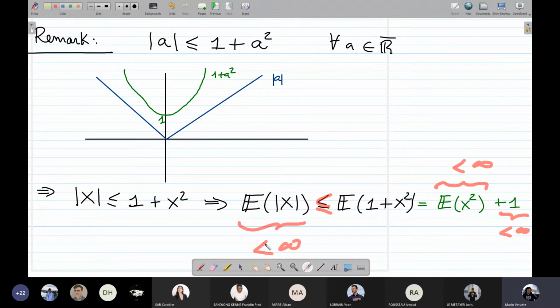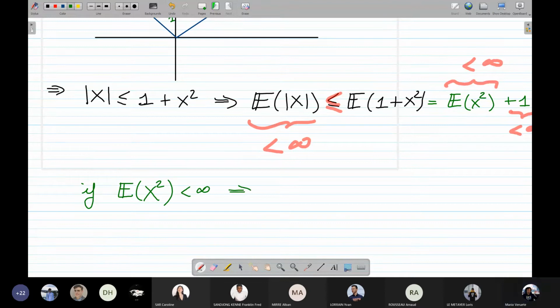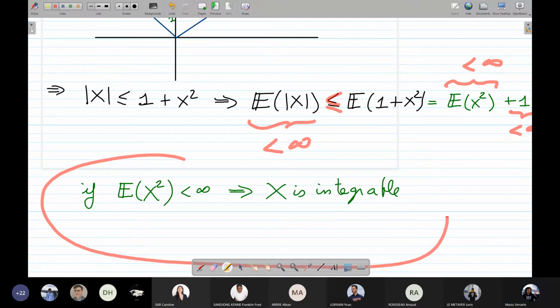Okay. Then that means that, in conclusion, if a random variable X is such that the expectation of X squared is finite, then X is integrable. That's an important remark.